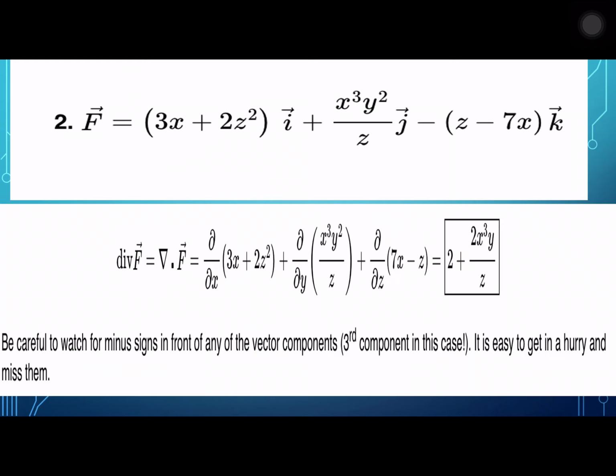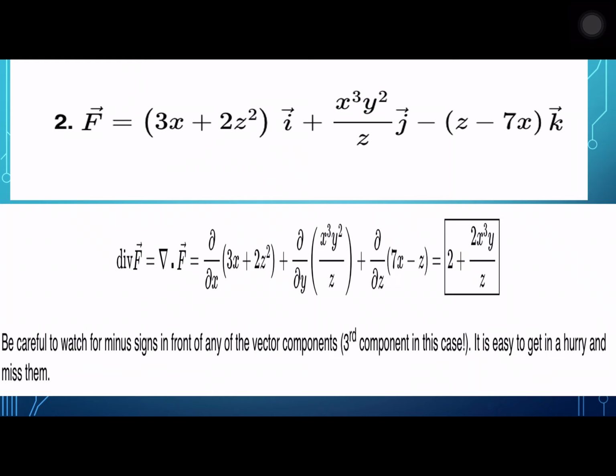Then div f bar equals del bar dot f bar, equals dou by dou x of 3x plus 2z square, plus dou by dou y of x cube y square by z, plus dou by dou z of 7x minus z.